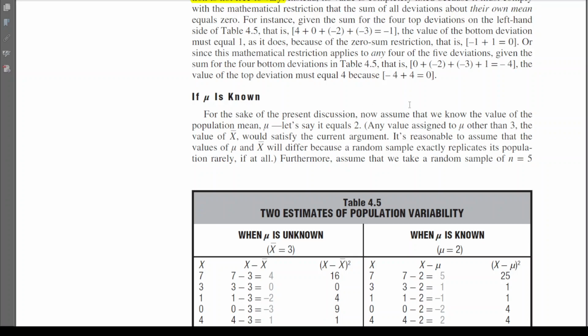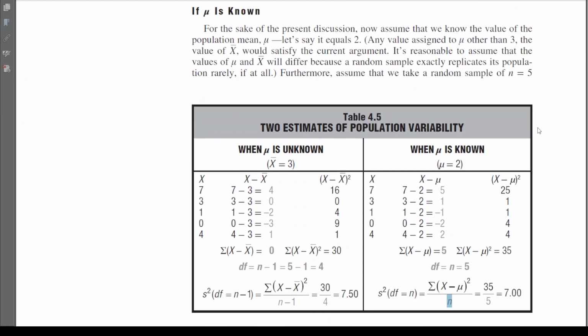For the sake of the present discussion, now assume that we know that the value of the population mean mu is equal to 2. Any value assigned to mu other than 3, the value of x bar, would satisfy the current argument. It's reasonable to assume that the values of mu and x bar will differ because a random sample exactly replicates its population rarely, if at all.